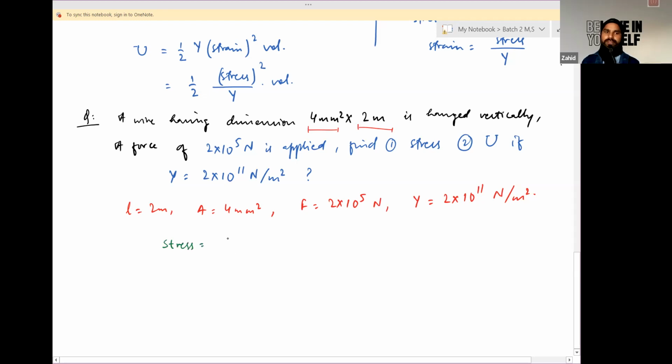As we have stress equals force divided by area of cross section, just put the values of these two terms. Before that, convert this area into its SI unit.